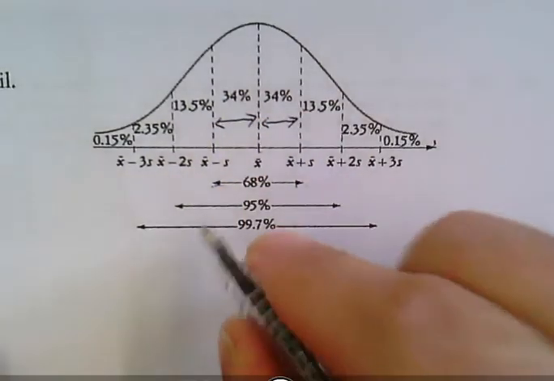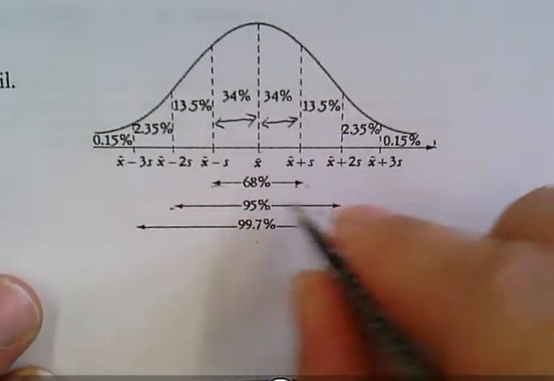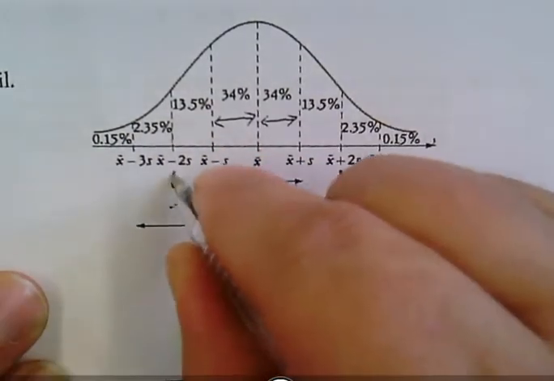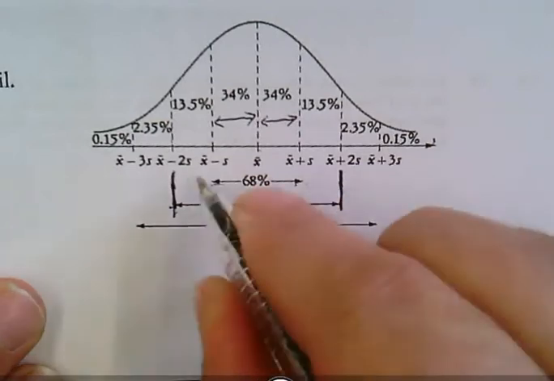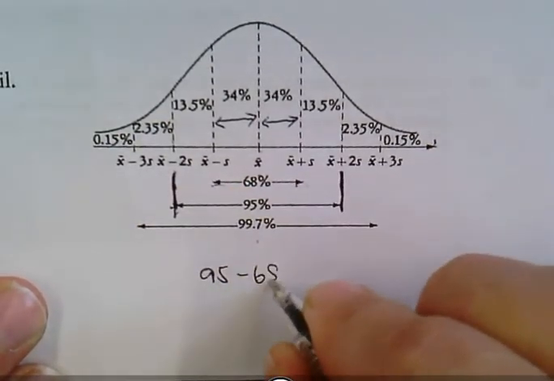Yeah. If all of this from there to there is 95, watch what I'm going to do. I'm going to work out what these two little bits on the sides are. I'm going to do 95 minus 68.